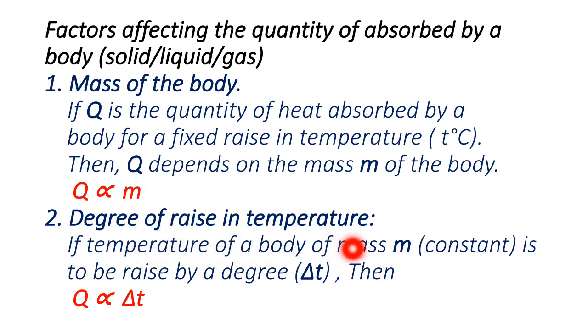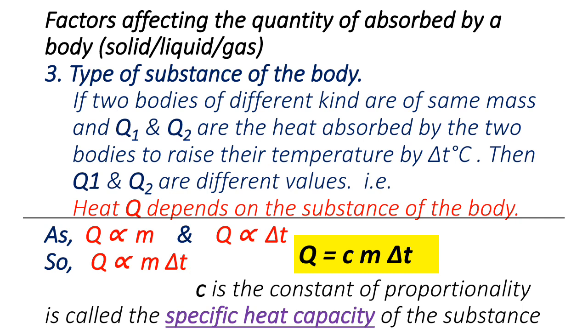Suppose we take the mass constant. Now see the third factor, the type of substance of the body. Here the type of substance of the body means, suppose the bodies are of the same mass and we want to raise the temperature by the same degree Celsius, that means the raise in temperature is the same. Correct.